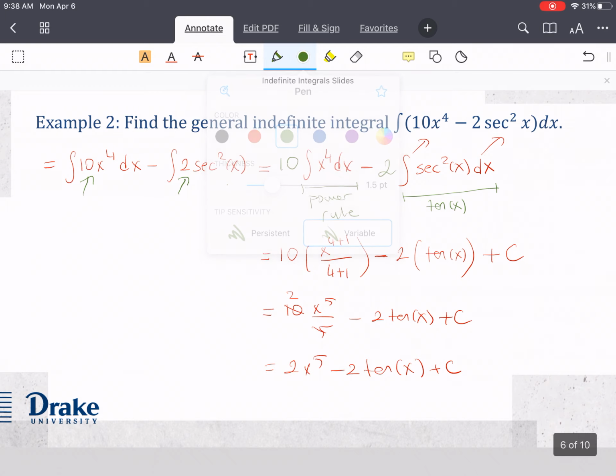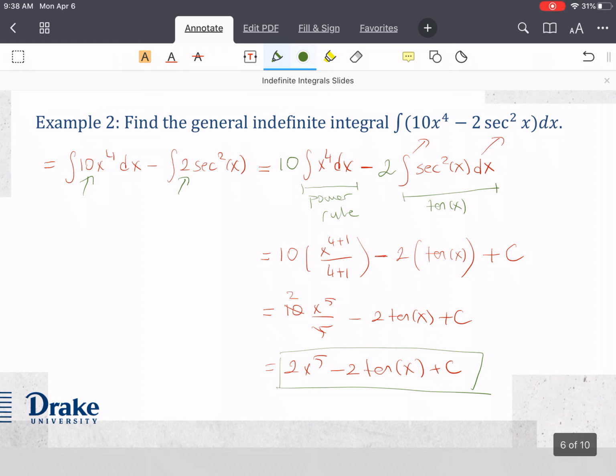To make sure this works, we can take the derivative of this result and see if we get the original function. So I'm going to take the derivative of 2x to the 5th minus 2 tangent x plus c and see if I get the integrand.